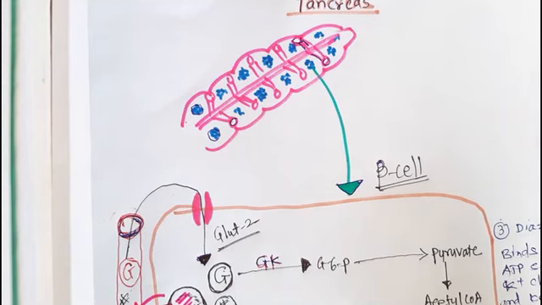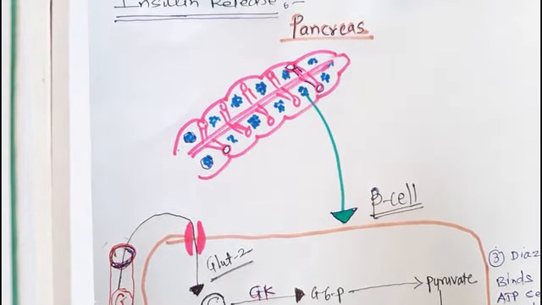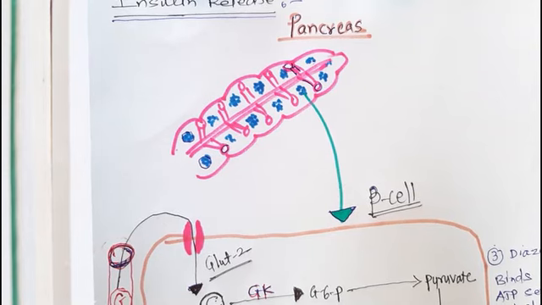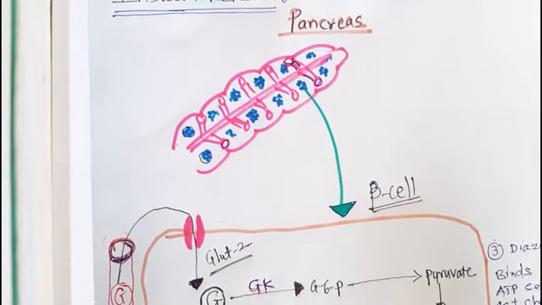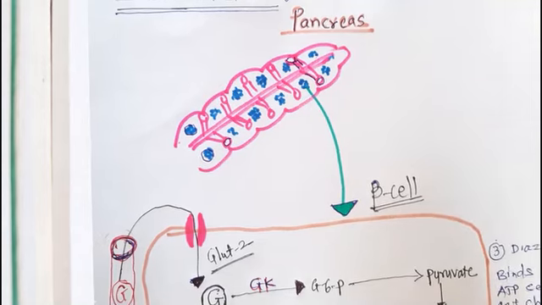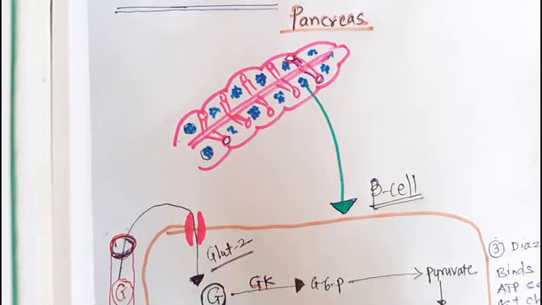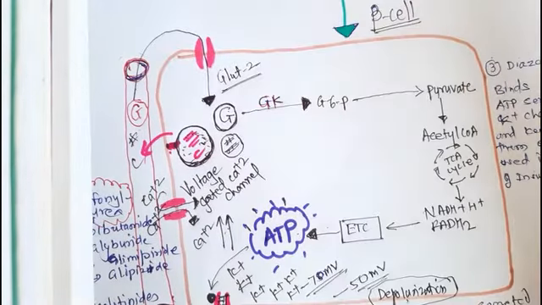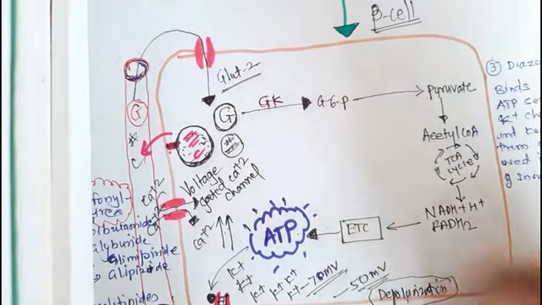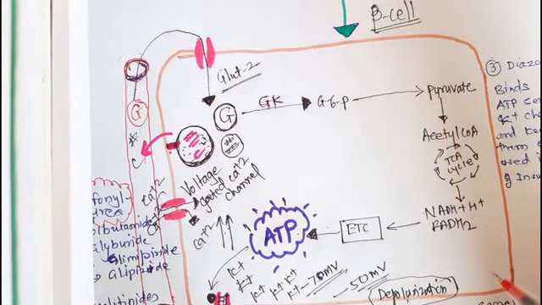We have seen how insulin is released from the beta cells of the pancreas in the last lecture. Now there are various channels involved in the release of insulin from the secretory granules.